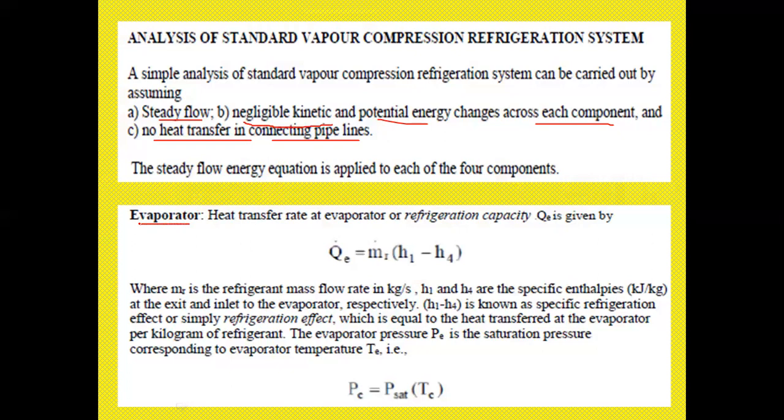The heat transfer rate at the evaporator, or refrigeration capacity, QE is given by QE is equal to MR times (H1 minus H4), where MR is the refrigerant mass flow rate and H1, H4 are specific enthalpies in kJ per kg.